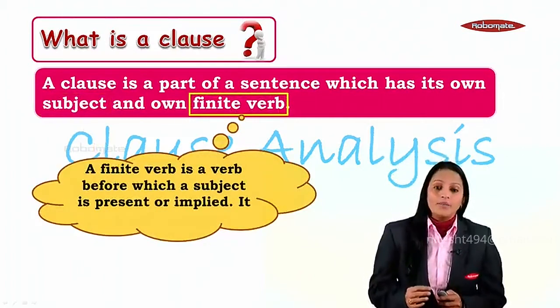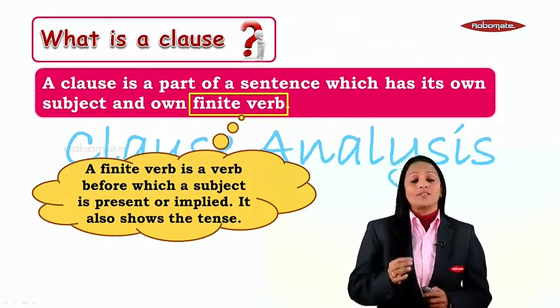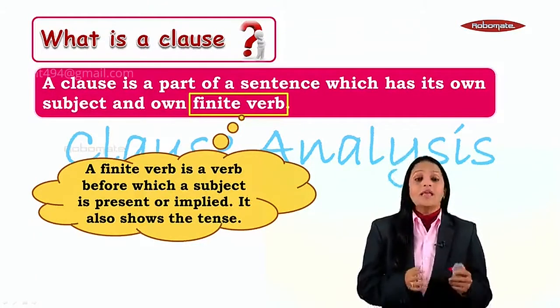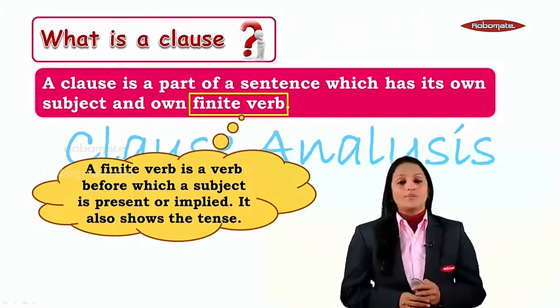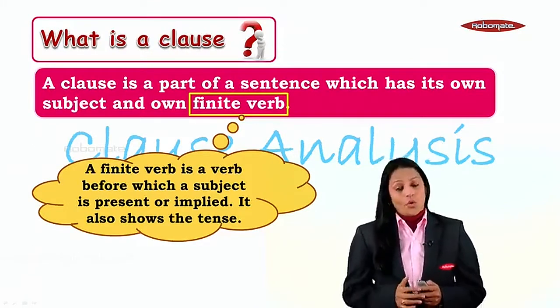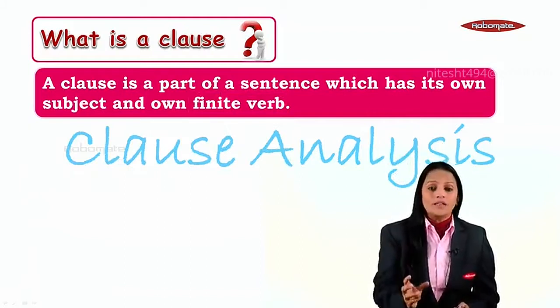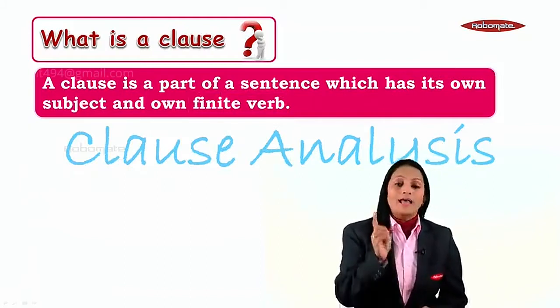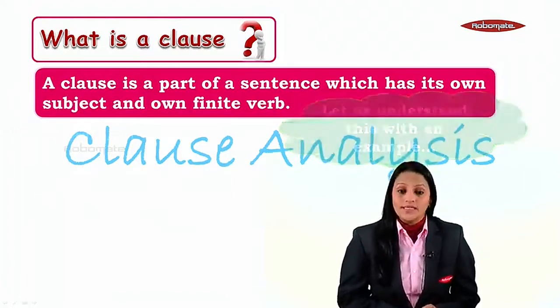It is the verb which either has a subject before it or the subject is implied. That means there has to be a subject before it, though it is not visible. And most importantly, it will tell you the tense of the sentence. So, it is a part of a sentence, and that part has its own subject and its own finite verb.